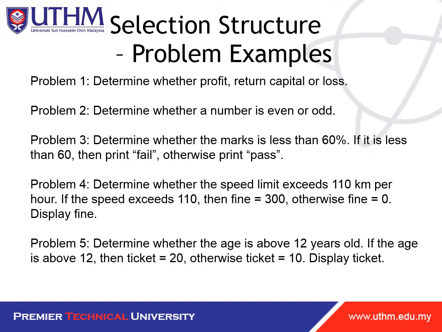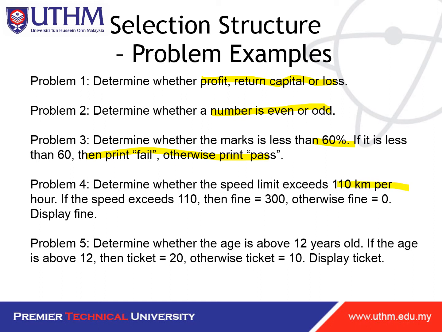An example problem: what is a selection structure? Problem 1: determine whether it is a profit, return of capital, or loss. Problem 2: determine whether the number the user keys in is even or odd. Problem 3: determine whether the marks are less than 60; if less than 60 print fail, otherwise print pass. Problem 4: determine whether the speed exceeds the limit of 110 km per hour.